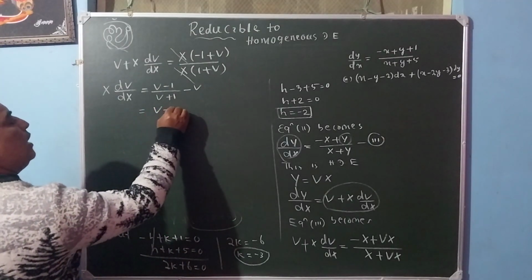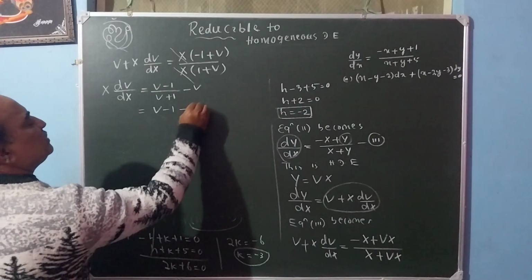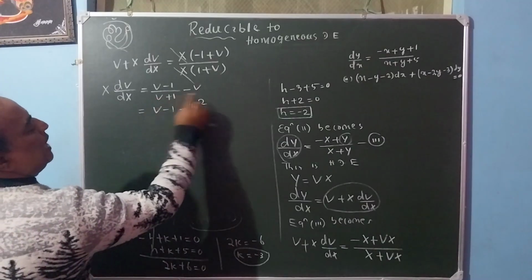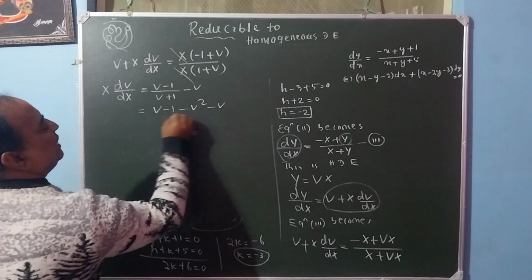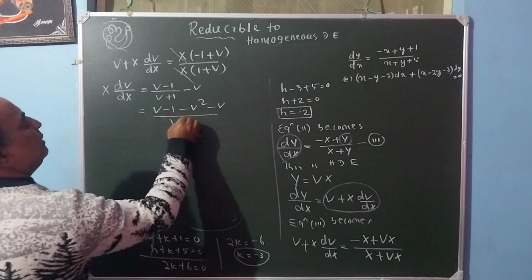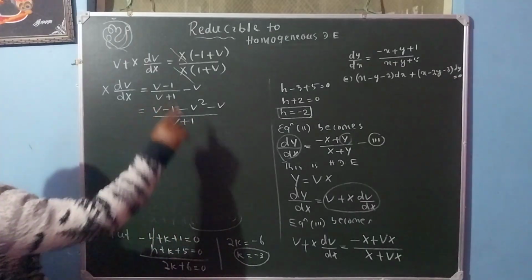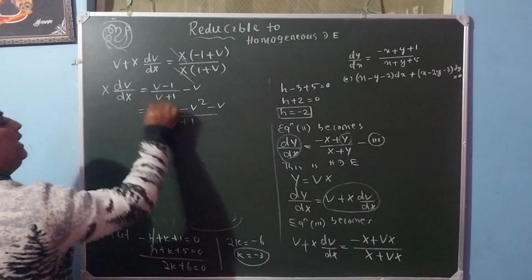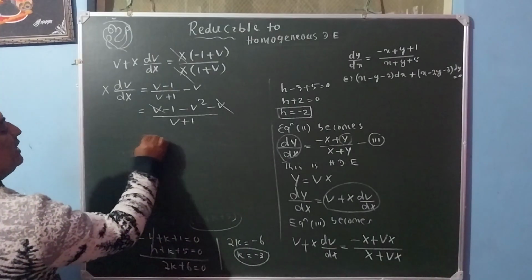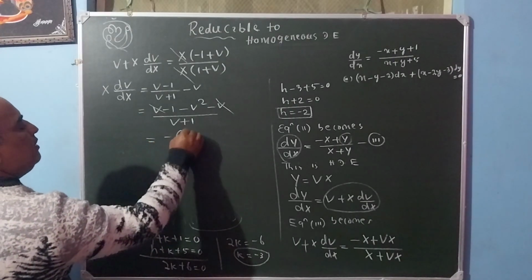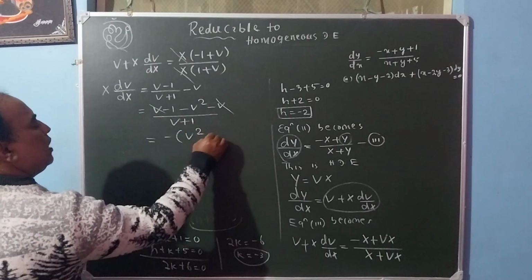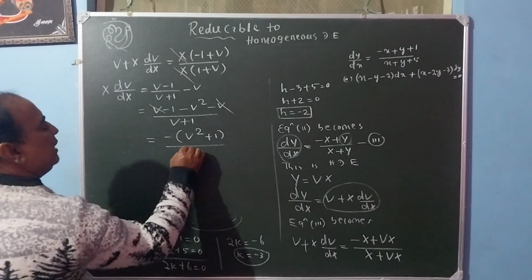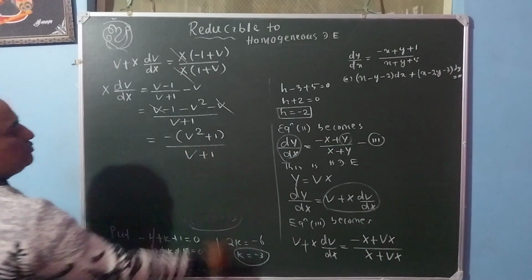So we get (v minus 1 minus v square minus v) divided by (v plus 1). Minus v and plus v cancel. Here it is minus, taking common, (v square plus 1) divided by (v plus 1).